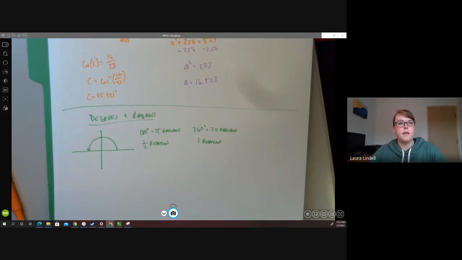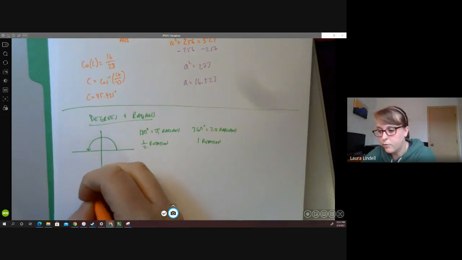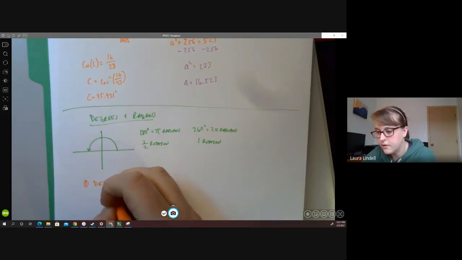Okay. So we can express angles in degrees. We can express them in radians. In radians, you'll notice that most of the time there's a pi involved. Sometimes there's not, but most of the time there is. So when we convert between degrees and radians, there's 2 ways that we go. The first way is degrees to radians.